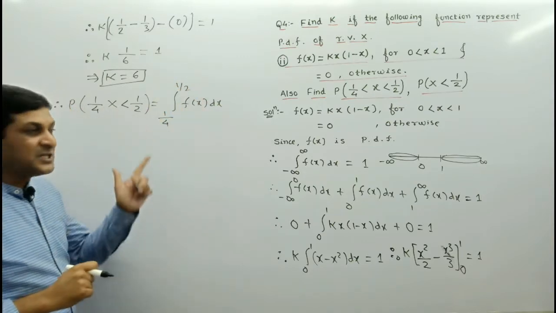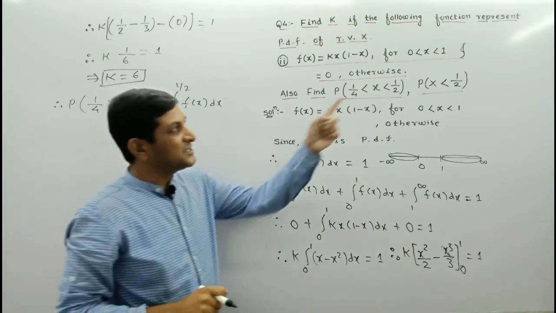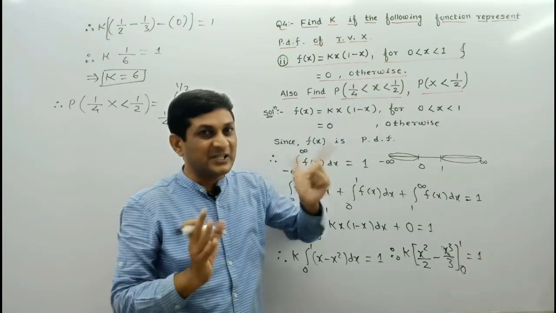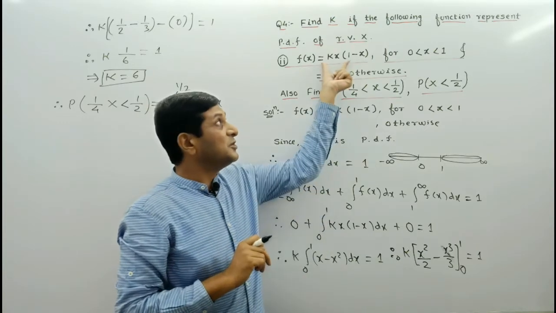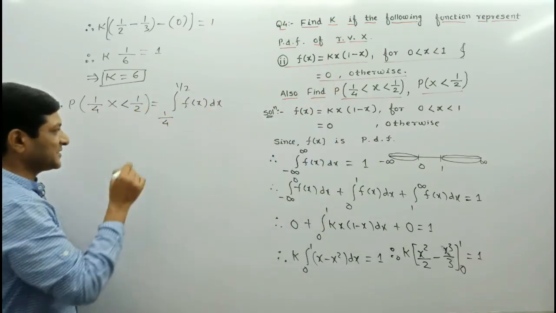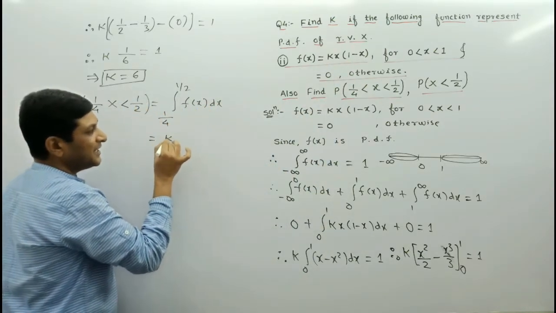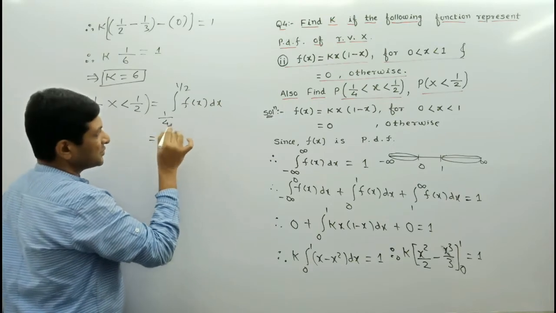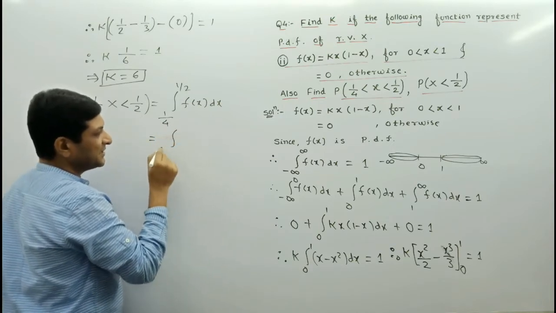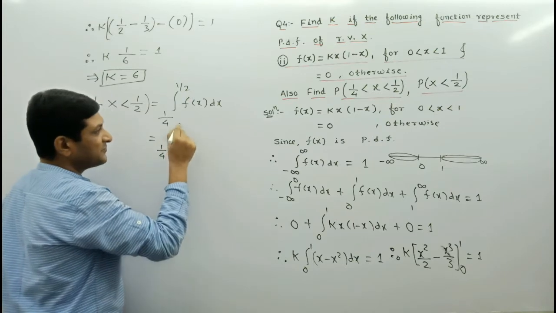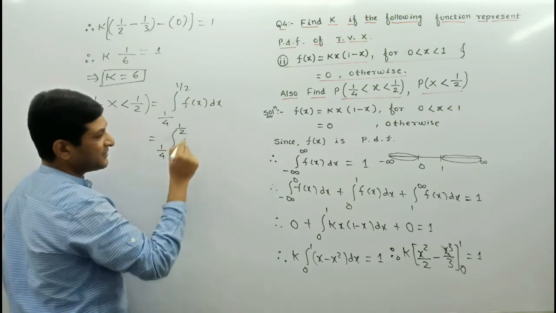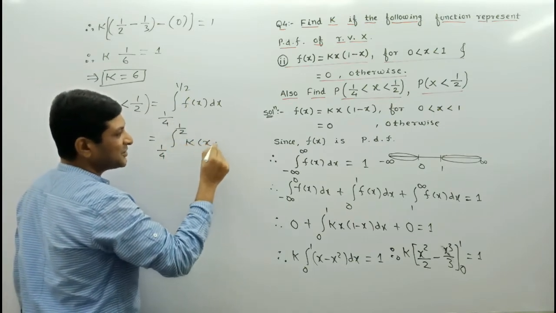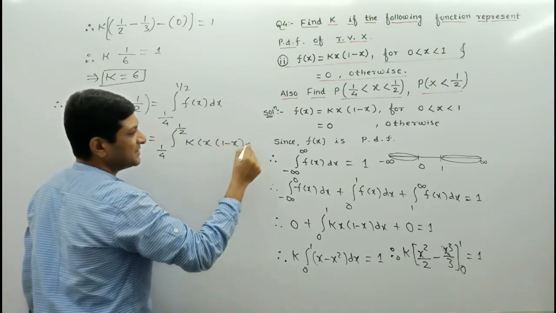And here we can observe that 1 by 4 to 1 by 2 is nothing but part of this interval 0 to 1, and that's why we are using this value of f of x, which is equal to k into, so keep this integration as it is, limits also as it is, 1 by 4 to 1 by 2. Just replace f of x by its value k into x into 1 minus x dx.